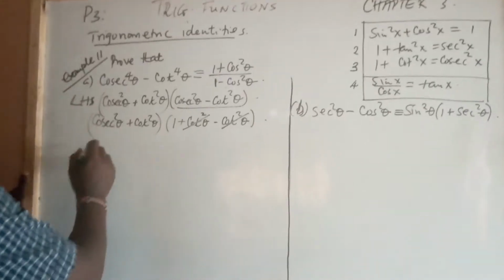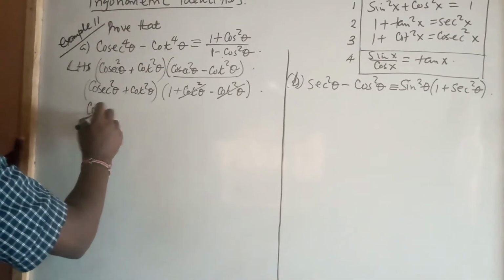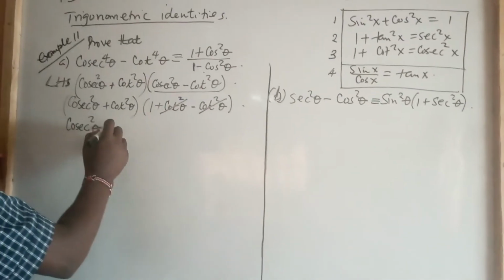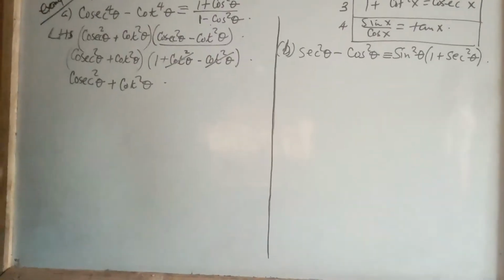Eventually we are left with cosec squared theta plus cot squared theta.